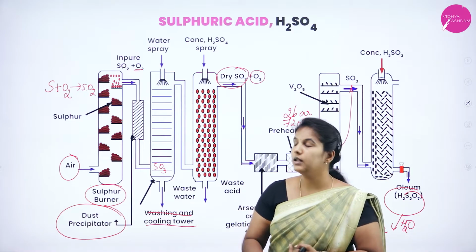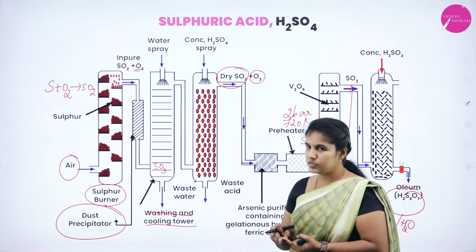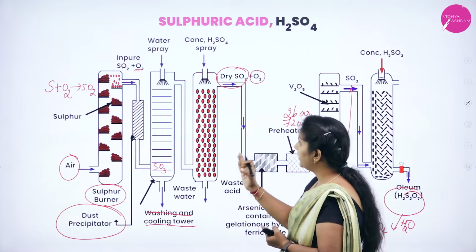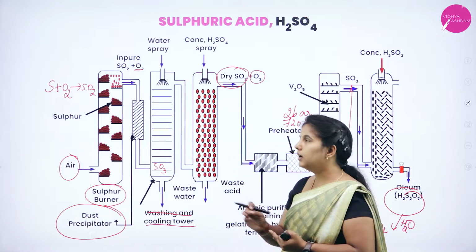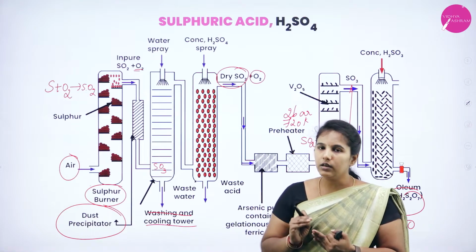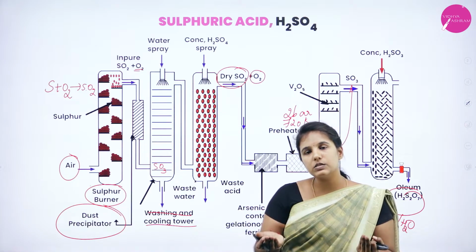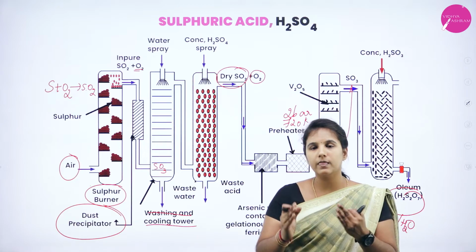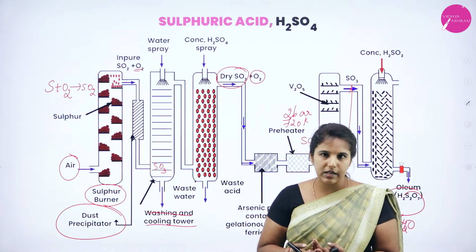Hope you all understood. But here you can observe, even though you are taking the sulfur dioxide, you have added concentrated sulfuric acid. So you are asking me why the reaction does not take place between the dry sulfur dioxide and the concentrated sulfuric acid?